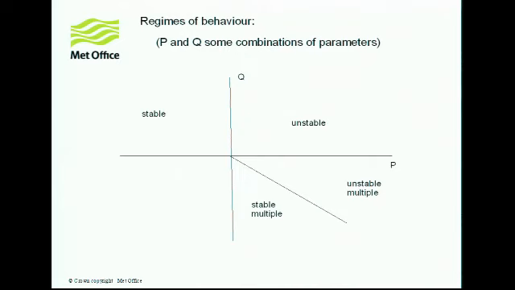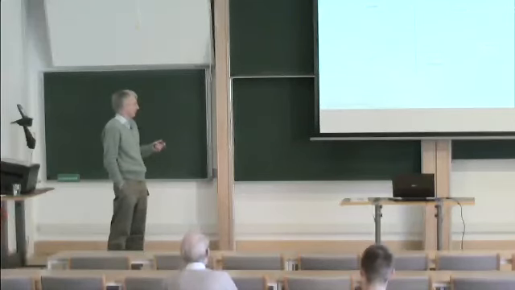And you can divide your regimes up into a stable regime. The model might be oscillating, but it's a damped oscillation. An unstable regime, where we've got growing modes. What I've called an unstable multiple regime, where it's unstable, but it might go off to oscillate around some non-zero state as a possibility, or it might oscillate around two different non-zero states.